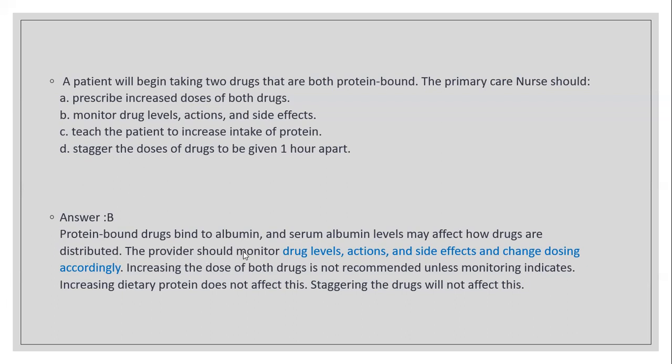The provider should monitor the drug levels, actions, and side effects and change dosing accordingly. Increasing the doses of both drugs is not recommended unless the monitoring indicates it. Also, increased dietary protein does not affect this. Also, staggering the drugs will not affect this.